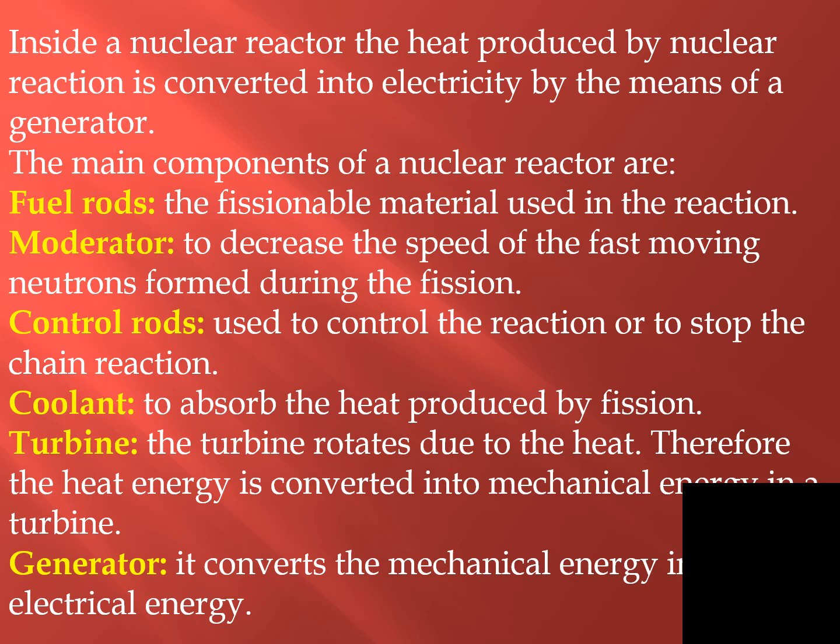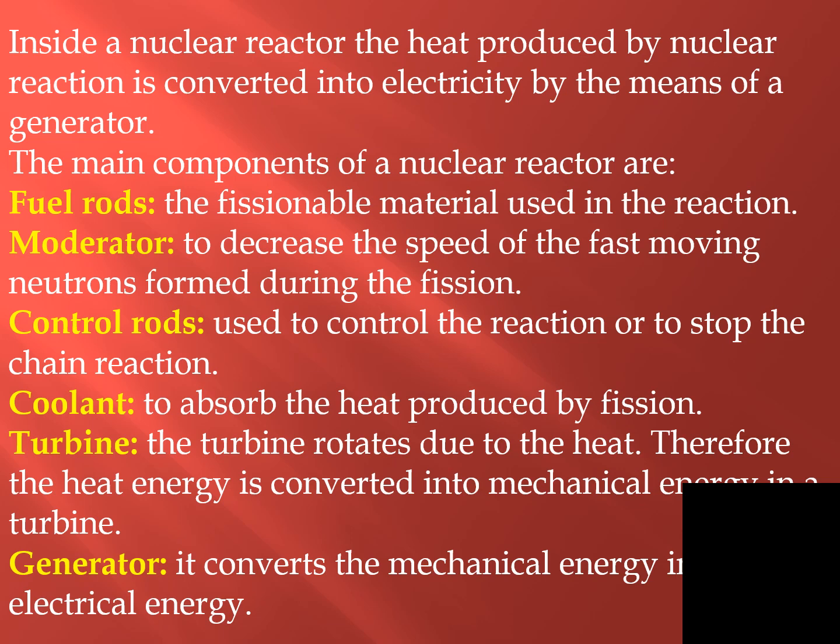In the heat exchanger, the heat energy is received in the form of steam by the turbine, and the heat energy in the form of steam is used to rotate the turbine. Therefore, the heat energy is converted into mechanical energy. And then generators. The generator converts the mechanical energy into electrical energy.